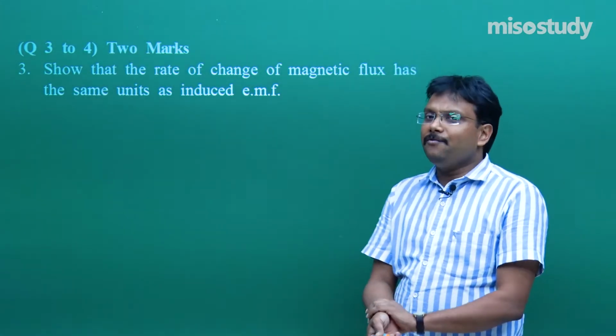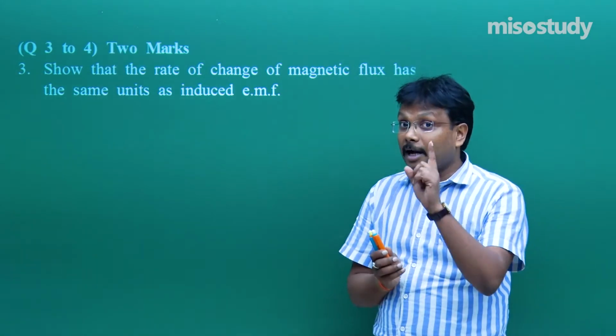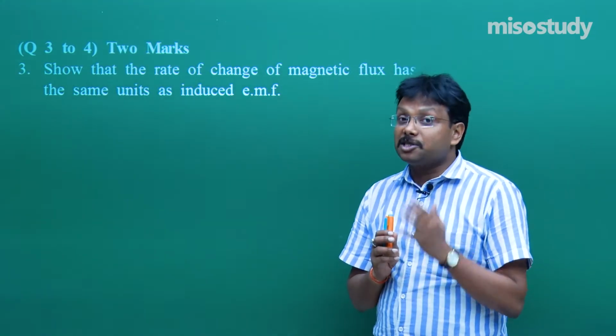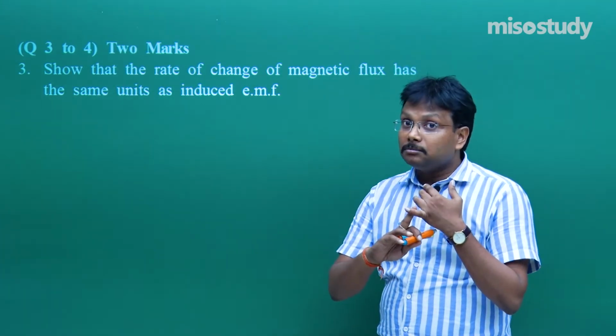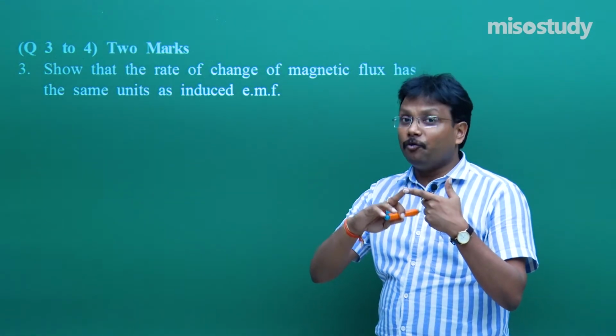Actually, when I was explaining various theoretical topics of this chapter, at that point of time I emphasized a lot that you should know the dimensional formula of L, self inductance, M, mutual inductance, induced EMF, voltage, potential.